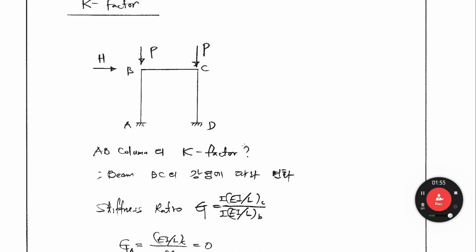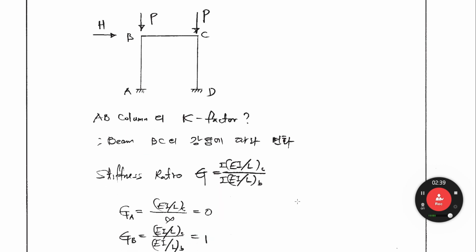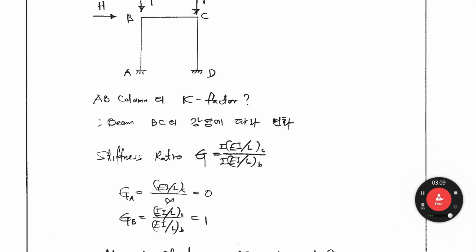The stiffness ratio is called G, equal to sigma EI over L of the column divided by sigma EI over L of the beam. So we first calculate this stiffness ratio, column over beam. The beam is connected here.